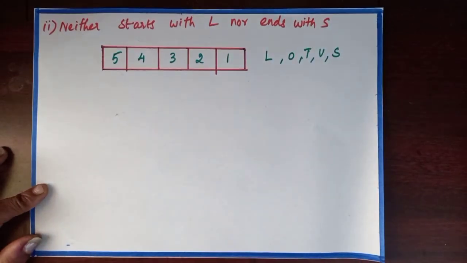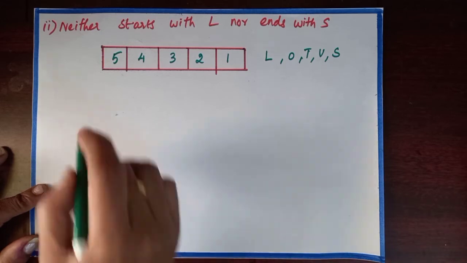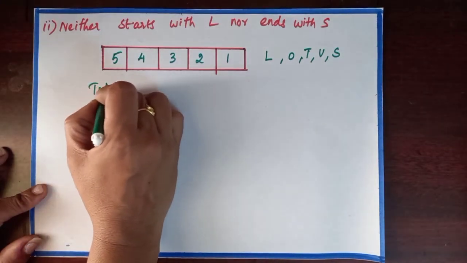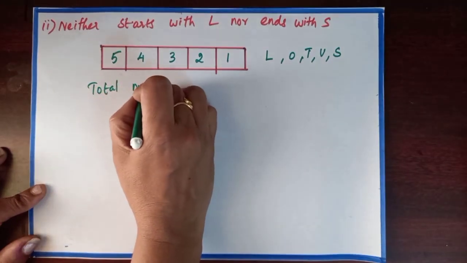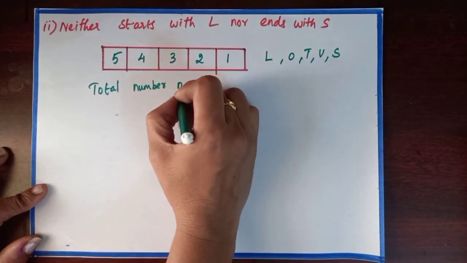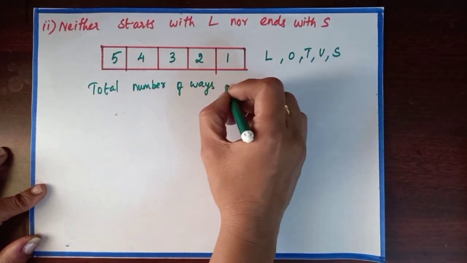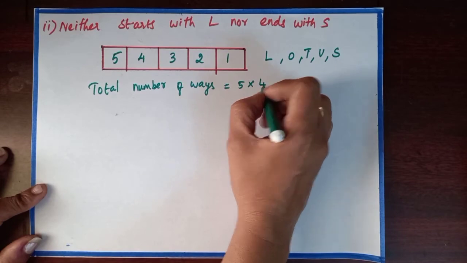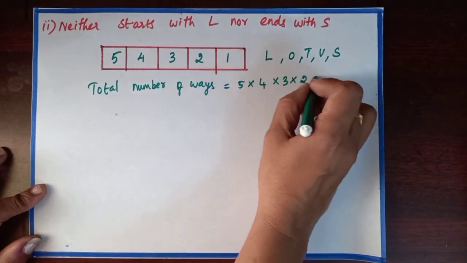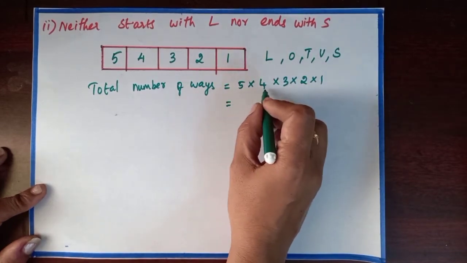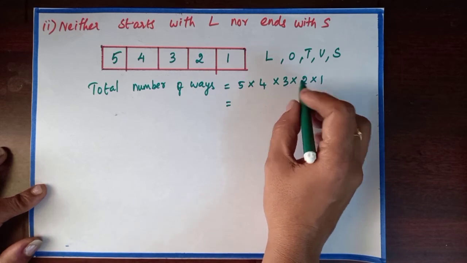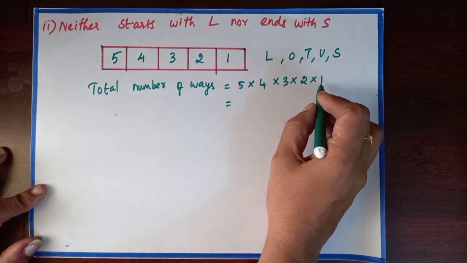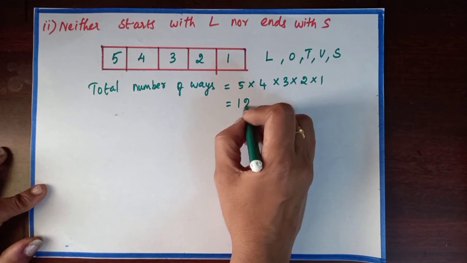That is, the total number of ways is equal to 5 into 4 into 3 into 2 into 1. 5 4s are 20, 20 into 3 is 60, 60 into 2 is 120, 120 into 1 is 120.